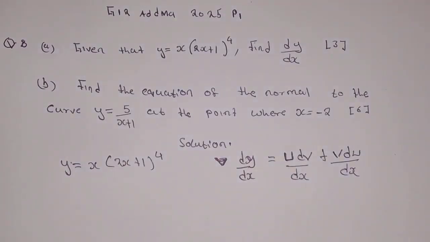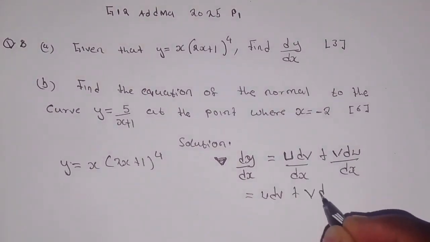This is how the product rule is, u dv plus v du.